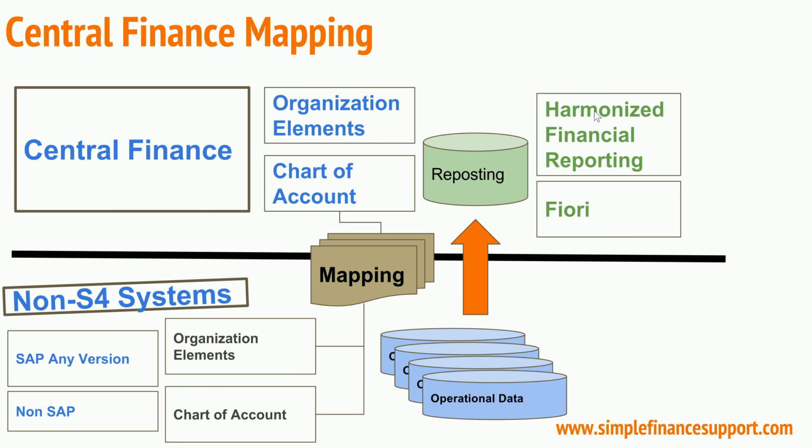And typically you may use this for a centralized vendor management system, because all the procurement happening across multiple systems can be automatically reposted into central finance at the vendor level, and then the information can be pulled into Fiori apps, and you can have all the spend analysis.